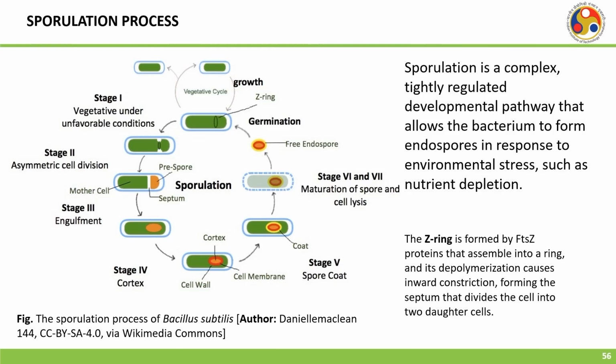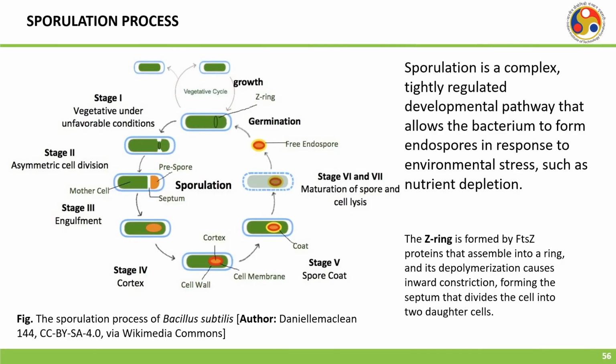This entire process, known as sporulation, is very complex and is a tightly regulated developmental pathway that allows the bacterium to form endospores in response to environmental stress, for example, nutrient depletion or scarcity of food.